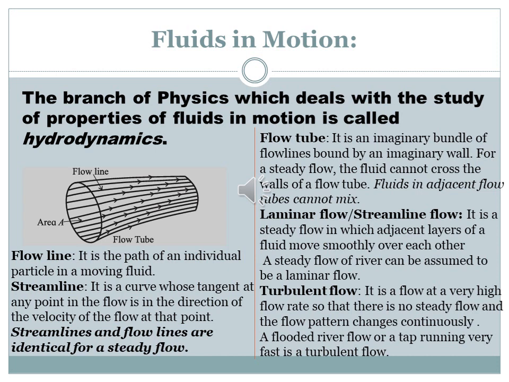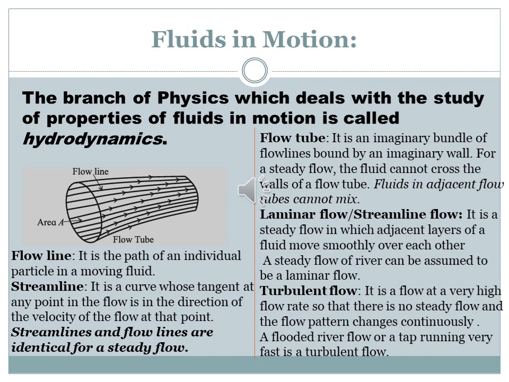So in the next slide, we are going to see the difference between streamline flow and turbulent flow. Okay, so I hope you all got this concept: what is fluid in motion, that is hydrodynamics, what is flow line, streamline, flow tube, laminar flow or streamline flow, and turbulent flow. This is the basics. What is flow line? It is the path of an individual particle in a moving fluid.